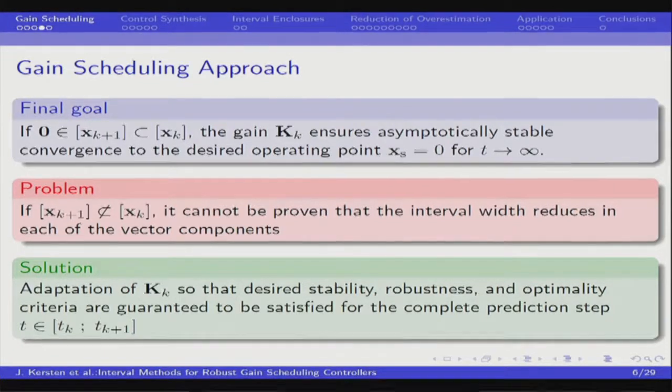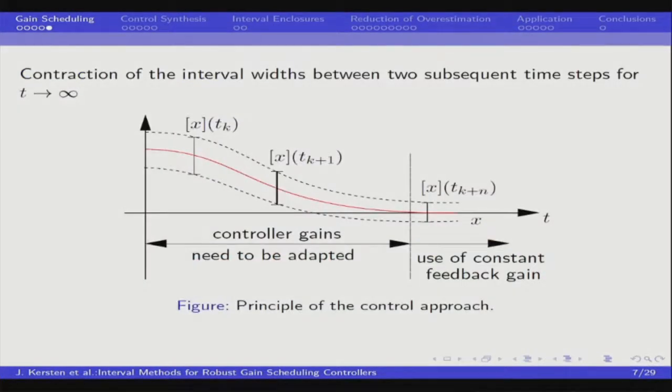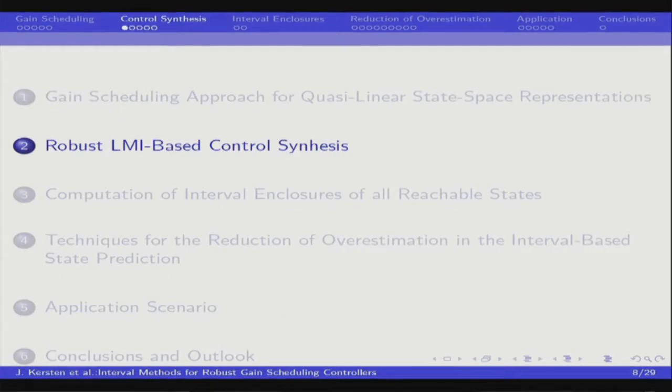So to have a look at this problem graphically, we want to ensure the decrease of the interval width with every step, with a specified controller gain K. So, as I already said, we will achieve this with LMI-based control centers.